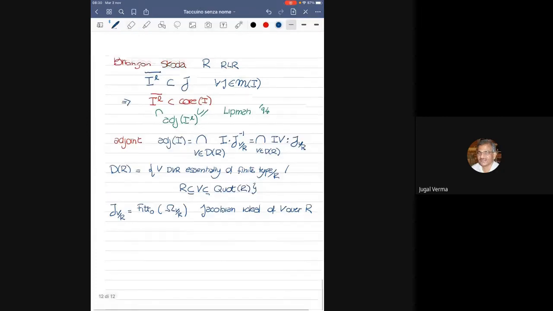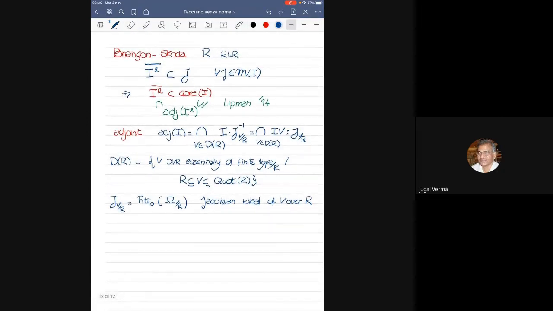And what turns out is that the adjoint of I is actually very easy to say, but to show, I don't have time now. The adjoint of I is an ideal of R, and clearly by the definition, since you go through the valuations, it is integrally closed. And furthermore, you can see immediately from the definition that I itself is contained in the adjoint.